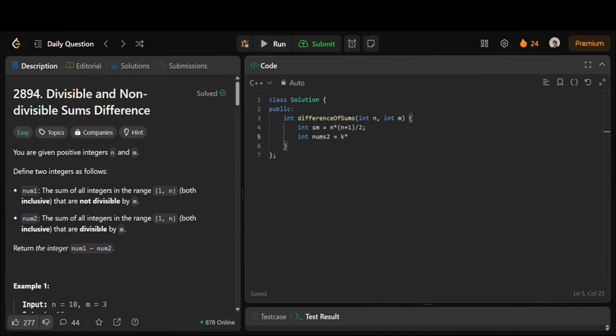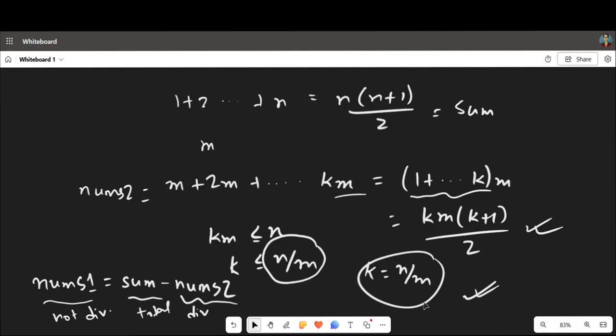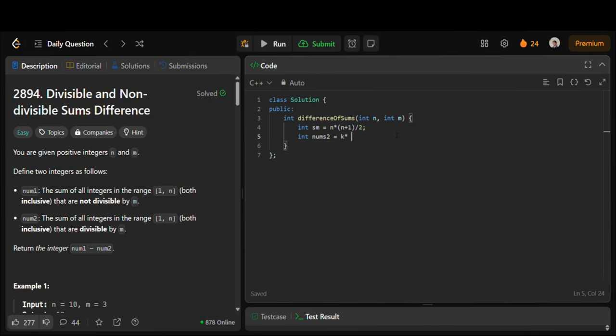So first we need to calculate k, right? k will be n by m, an integer, so k will be nothing but n by m. This is floor division, and m into k into k plus 1 by 2, this is the value.